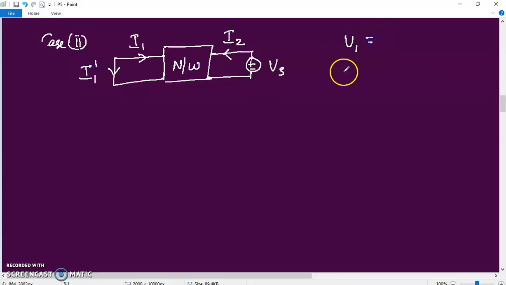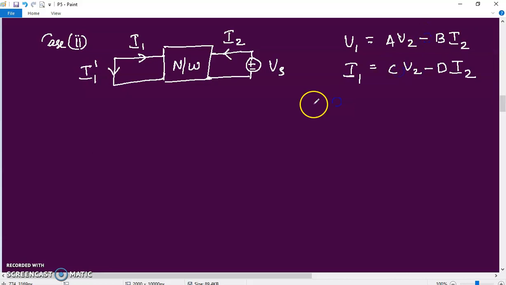Now we can write the basic equation, V1, I1, V2, I2, with A, B, C, D. Here we have minus.